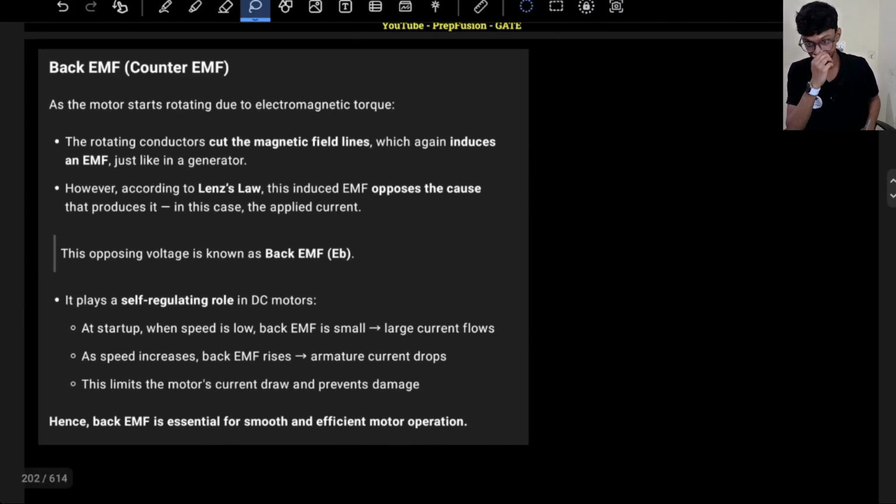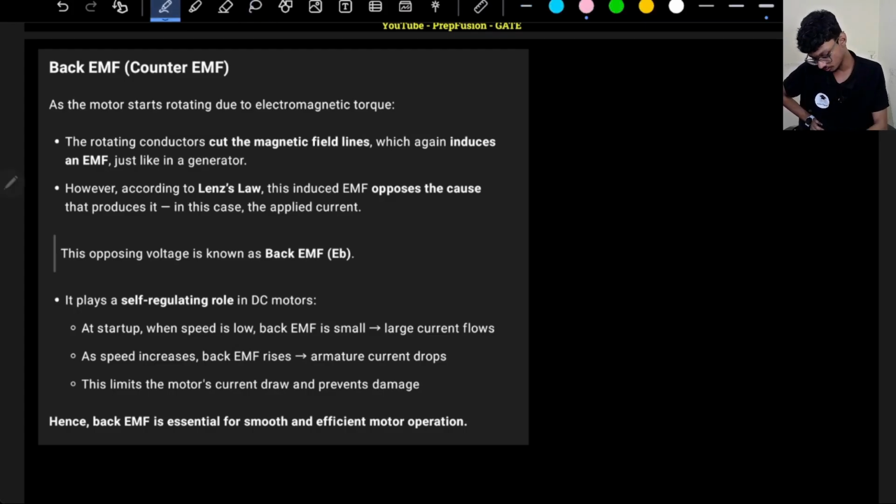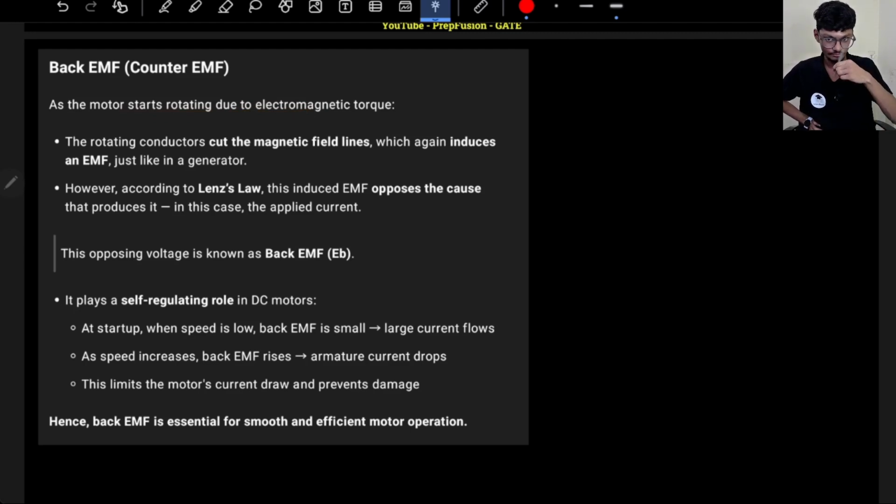Now, back EMF, what is back EMF? Back EMF is just the opposing force that is there due to the voltage that I apply, right? As the motor starts rotating due to electromagnetic torque, an EMF will be induced because the flux linkage of the conductor is changing inside the field.